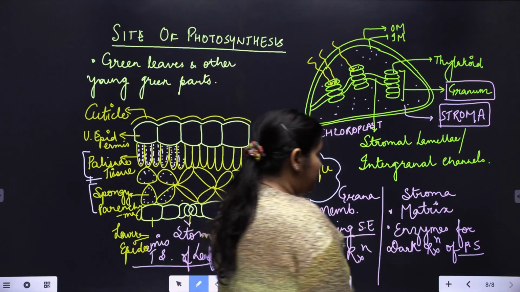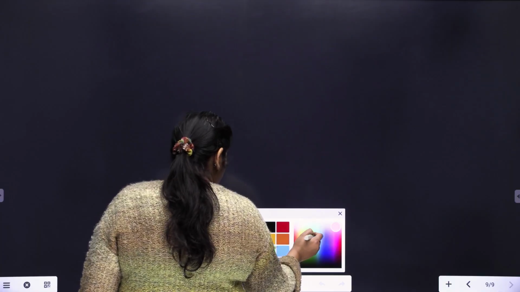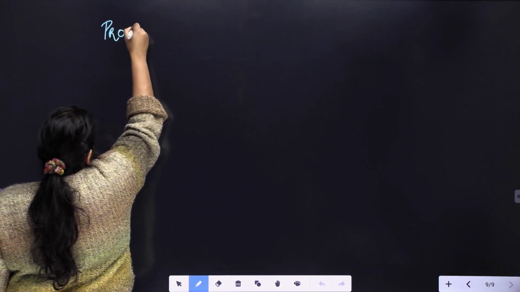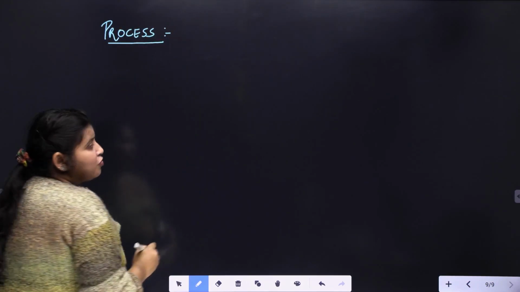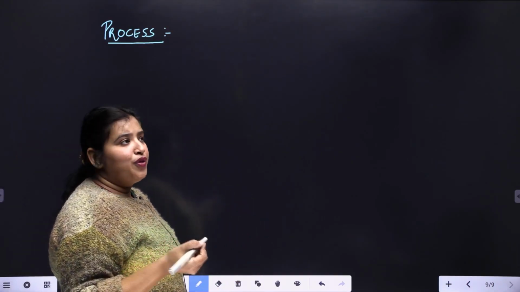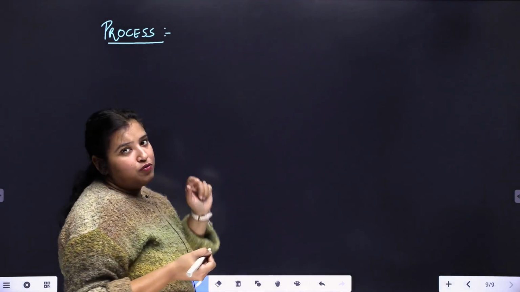Now let us proceed to the process of photosynthesis. When I talk about the process of photosynthesis, I've already discussed the balanced chemical equation with you, but then again I will take that equation up here to explain you the process properly.